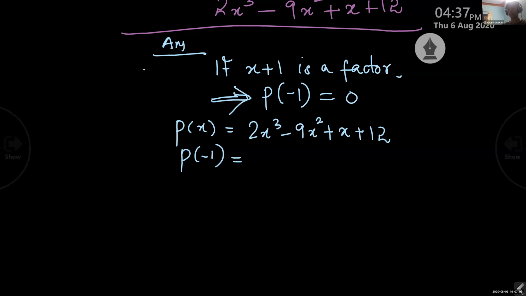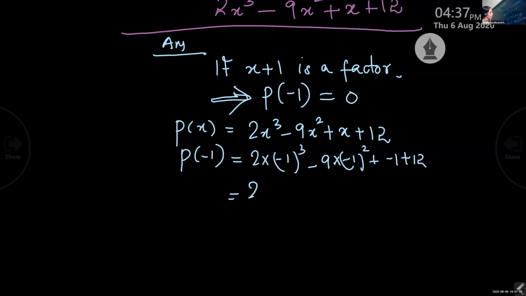Yes. Okay, children, P of negative 1. That is 2 into negative 1 all cube minus 9 into negative 1 all square plus negative 1 plus 12. Clear? Now, 2 into negative 1 whole cube is negative 2, minus 9 into positive 1, plus negative 1, plus 12.